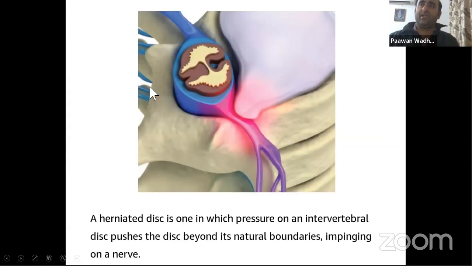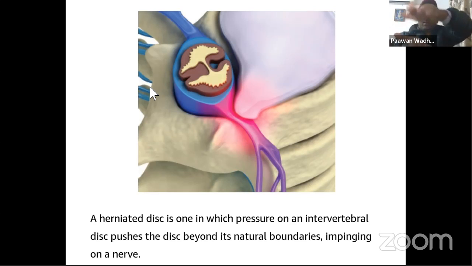What is sciatica pain and what is a herniated disc? When your spine is not properly aligned, you start developing contractures because it is falling down. When you are elongated and aligned properly to the gravity axis, your spine is properly aligned.